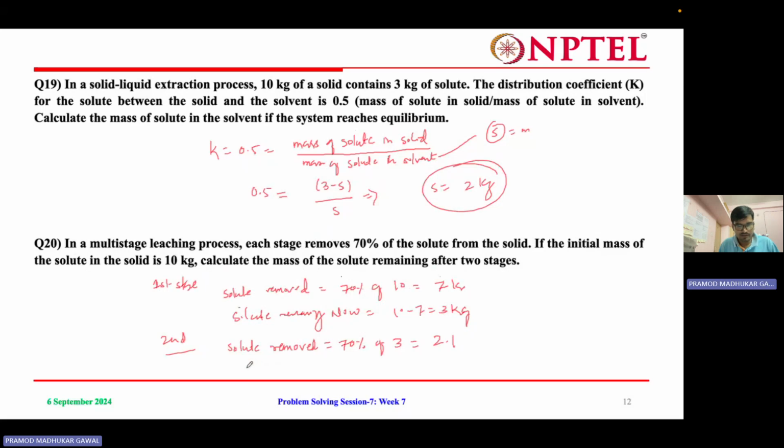And the solute remaining in the underflow is 3 minus 2.1, that's 0.9. So here is the mass of the solute remaining after the two stages in the underflow.